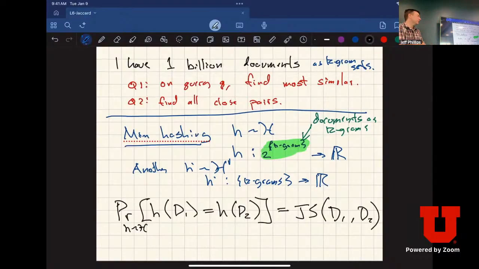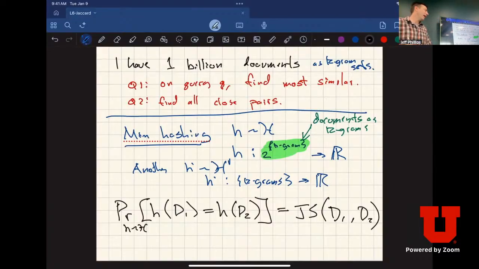So the hash functions are more likely to collide the more similar the documents are under the Jaccard similarity. If the documents are identical, the Jaccard similarity, at least in the set representation of k-grams, is 1. The intersection will be the same as the union. They will collide with probability 1. If they are disjoint, they have no k-grams in common, they will collide with probability 0. If it's like Sam I am and I am Sam, they will hash together with probability 1/3 because the Jaccard similarity was 1/3.